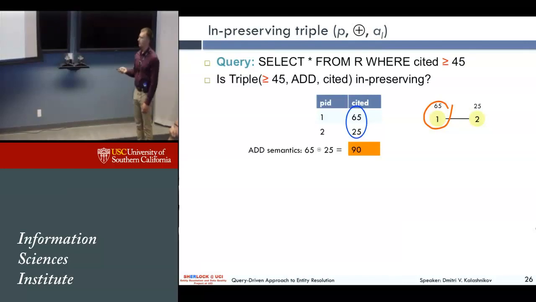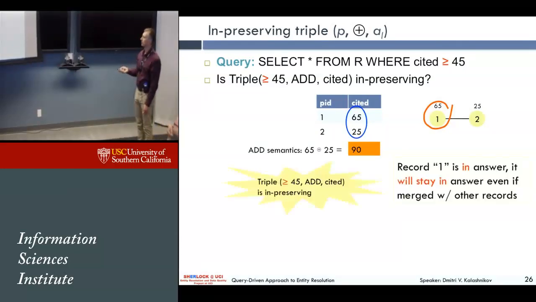If you use additive semantics, 65 plus 25 is 90. So if it's already in the answer, it's already above 45, and it will stay in the answer no matter what. If it's merged with other tuples, it will still stay in the answer. Is this clear? Okay, so this triple is in-preserving.